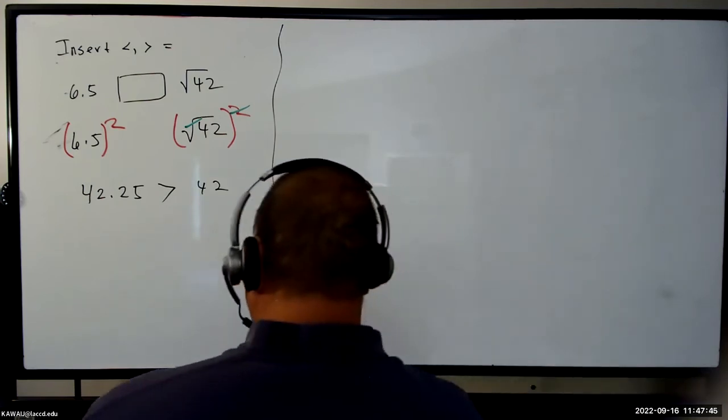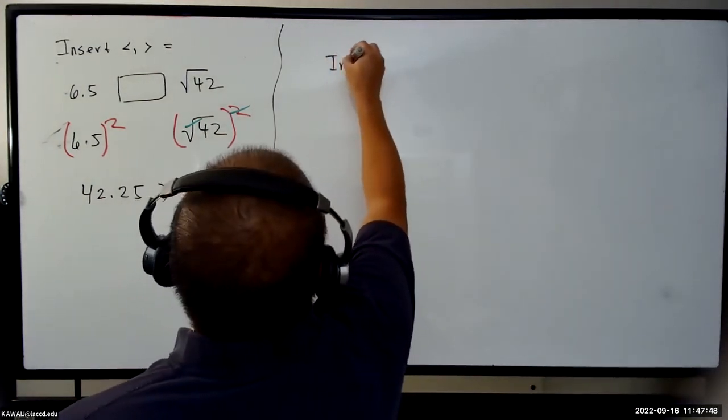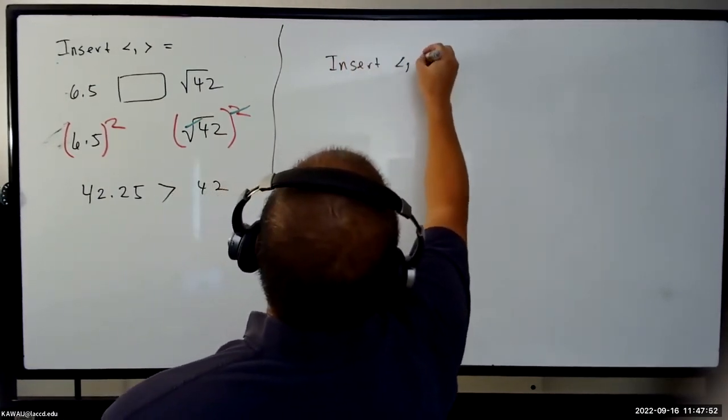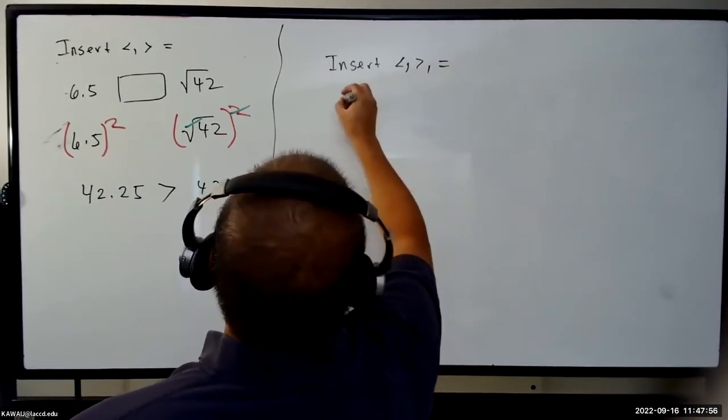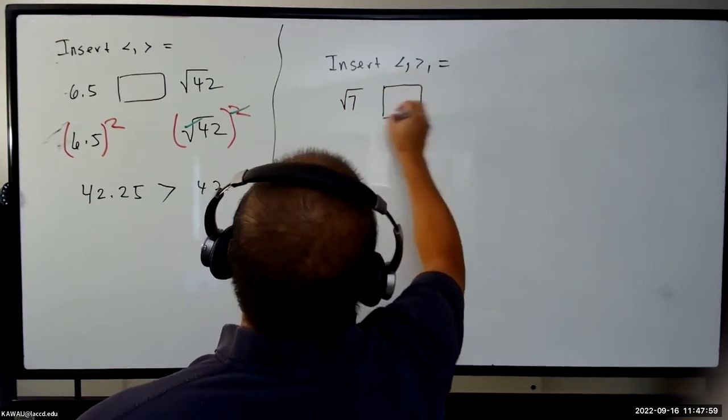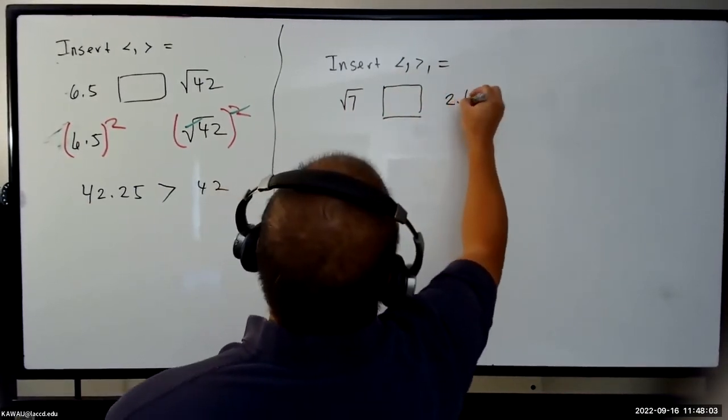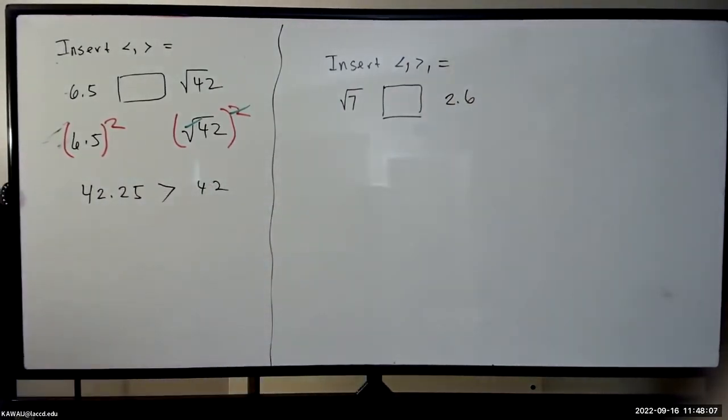So insert less than, greater than, equal to between the square root of 7 and 2.6. Okay, is that better?